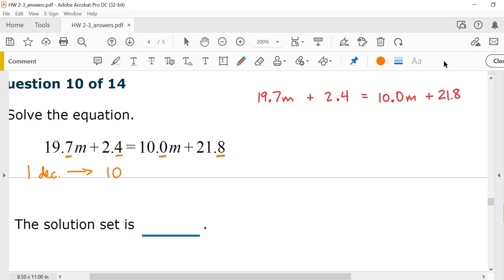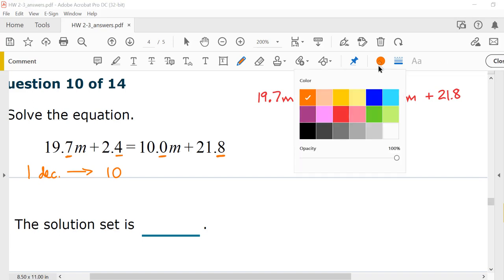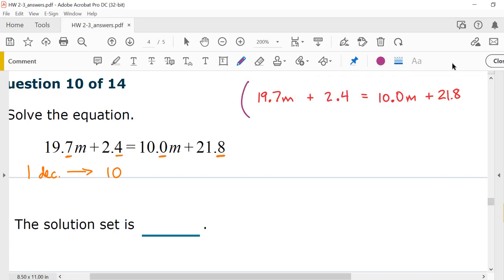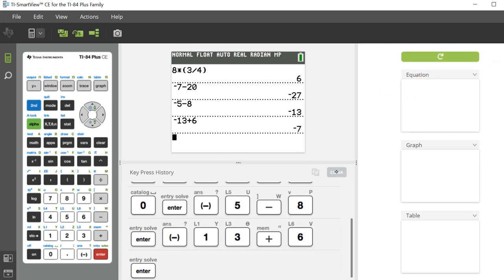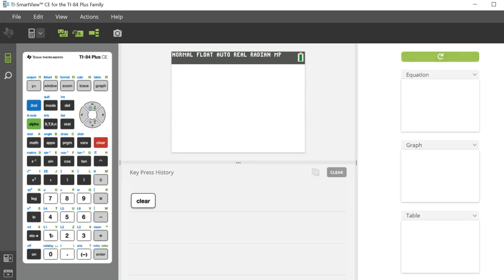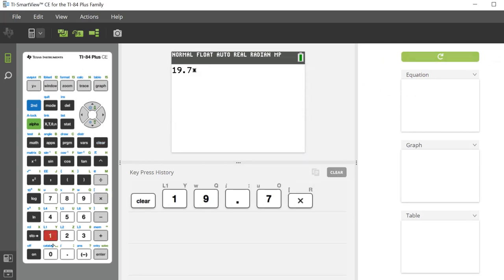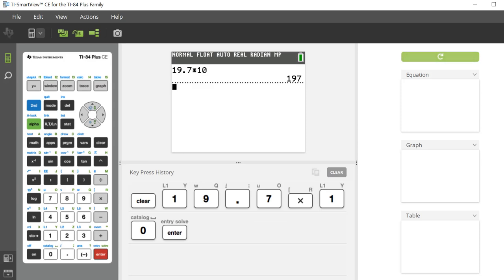And that scoots it over one time. So I'm going to multiply every number by 10. Distribute to everybody. Okay, 19.7 times 10 just scoots the decimal place over 1. So 197.